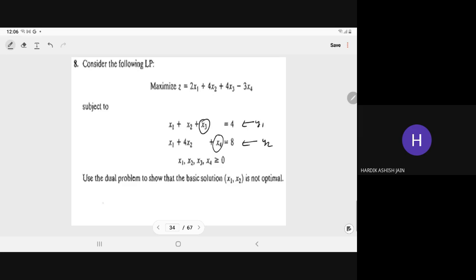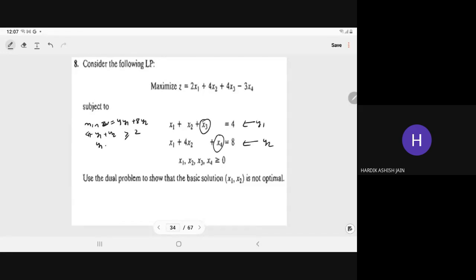The dual will become a problem of minimization. So the dual will be minimize w is equal to 4 y1 plus 8 y2 subject to y1 plus y2, and here we have the 2. Since it is minimization, it will become greater than or equal to.